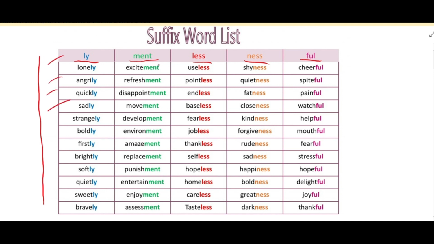In the same way, words ending with ment, like excitement, refreshment, disappointment, movement. In the same way, less, like useless, pointless, endless, baseless. So these are all examples of suffixes which are used at the end of the word to make a new word and to get a different meaning.